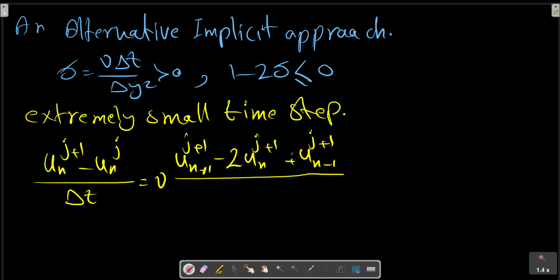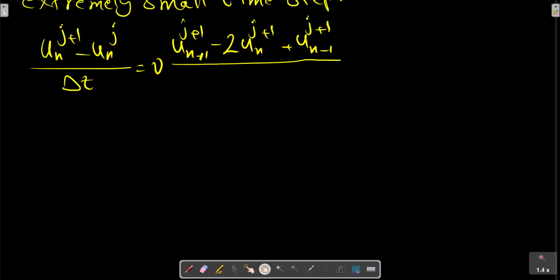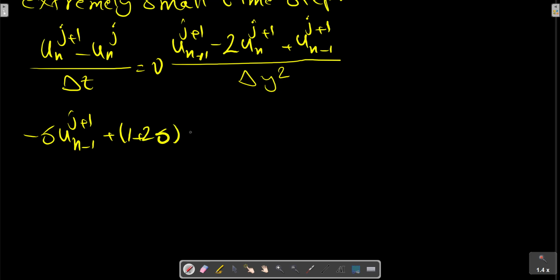This rearrangement is unconditionally stable for any sigma, but now we have three unknowns in this expression: the j plus 1 velocities at n minus 1, n, and n plus 1.